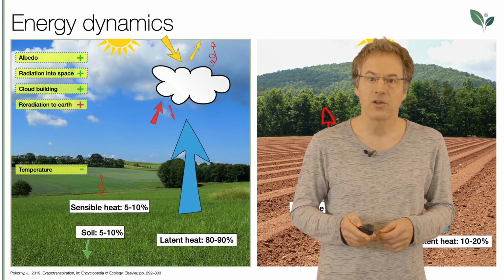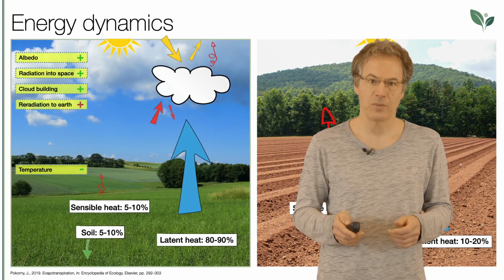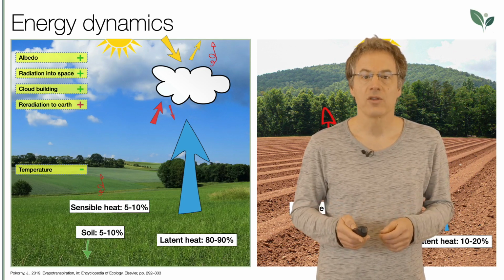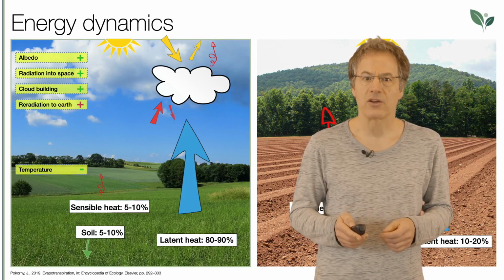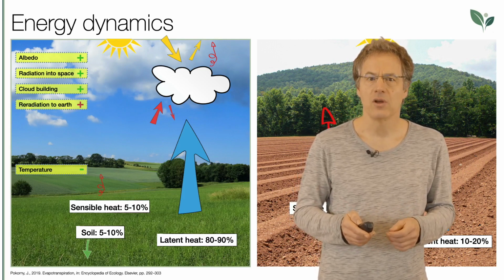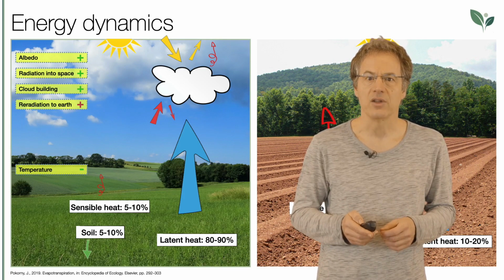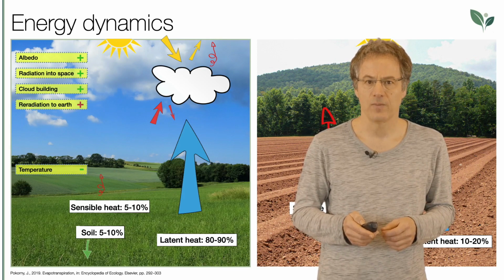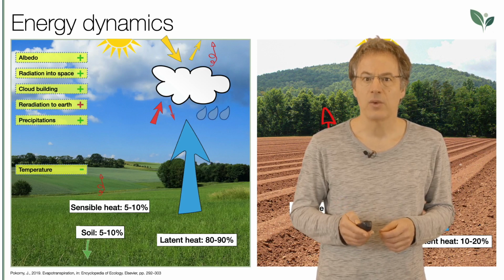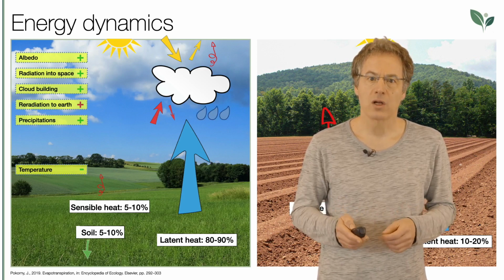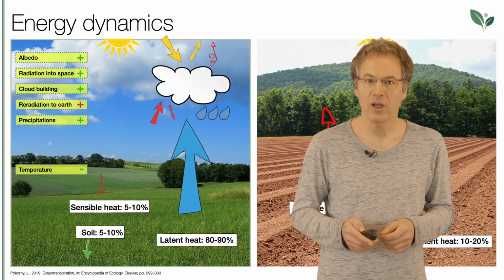The Earth radiates long-wave heat radiation back into space. With more clouds, this leads to an increased reflection of this heat radiation. A small part is thrown back towards Earth, which is a negative effect in terms of climate change. The next very important aspect is more clouds lead to more precipitation.